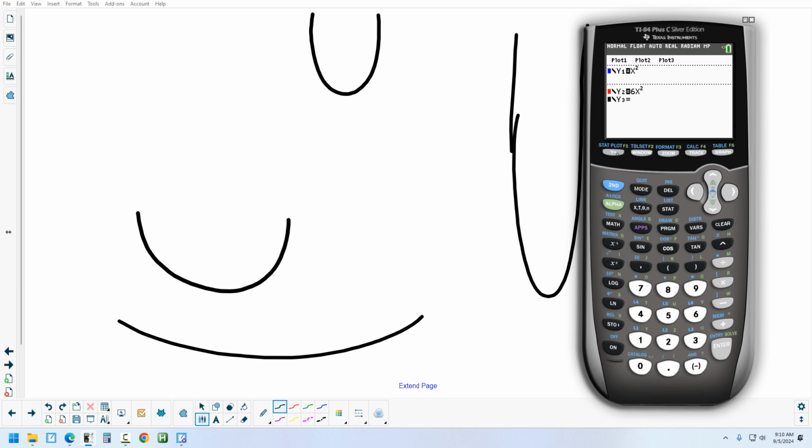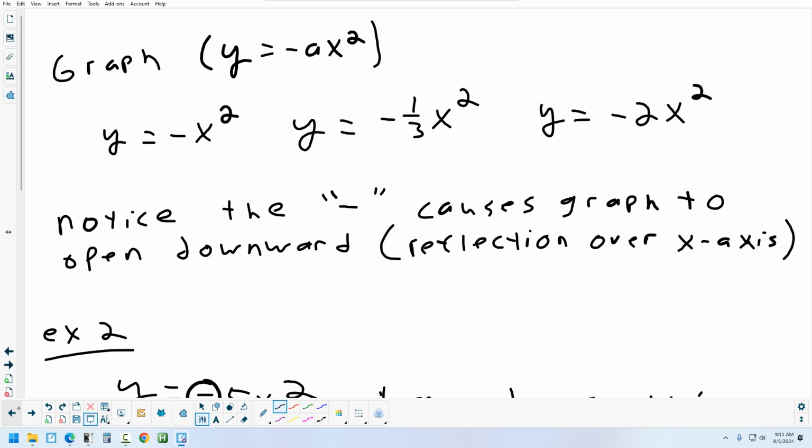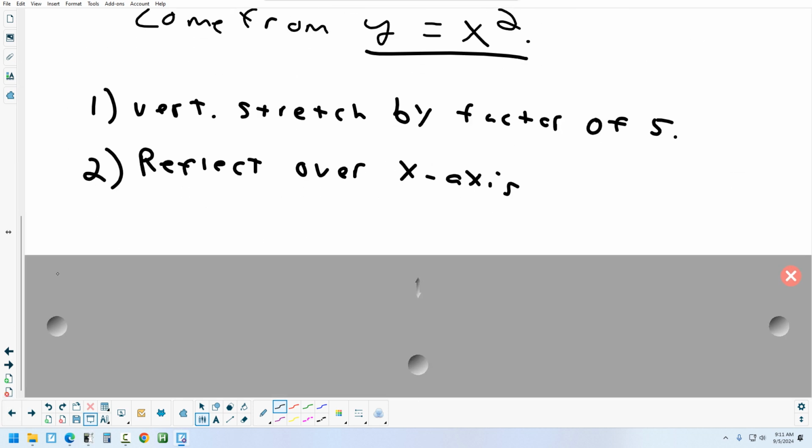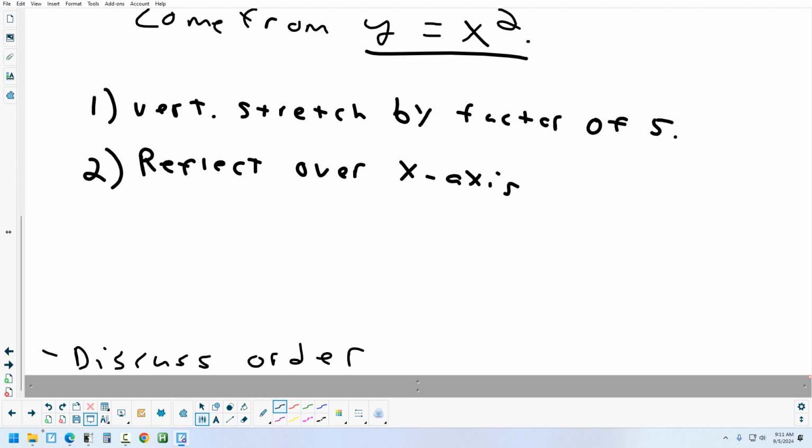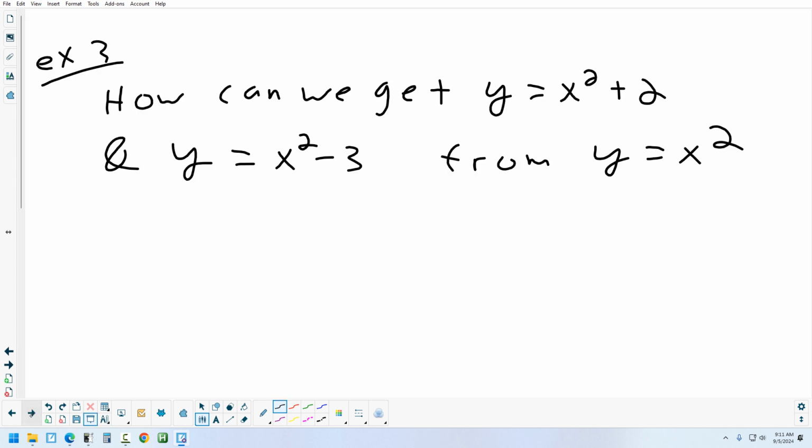Now if you do something like 0.6, because now you've put in a number less than 1, that red one is going to squish down and it's going to look wider. So it's going to be on the outside of the blue one, because it got a little bit wider because it squished vertically. We'll talk more about the order you have to describe transformations in a little later.